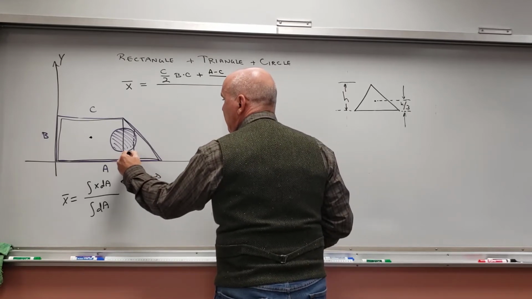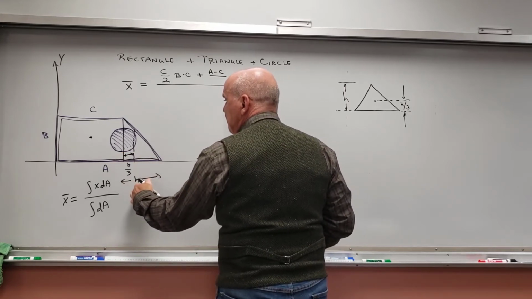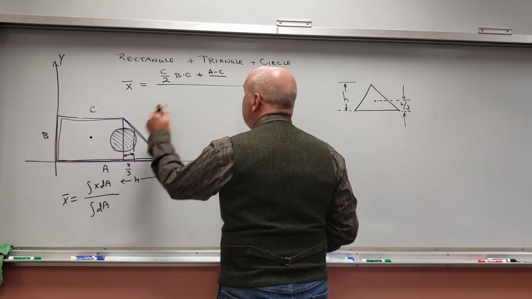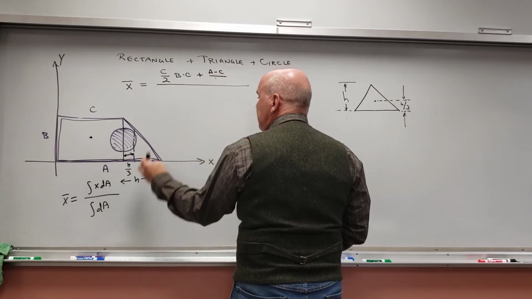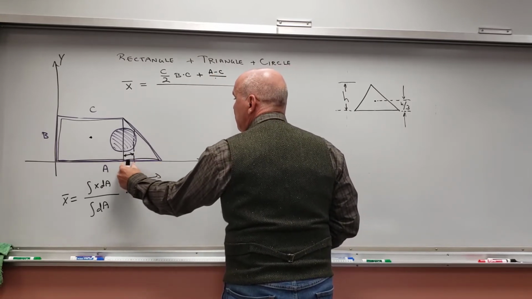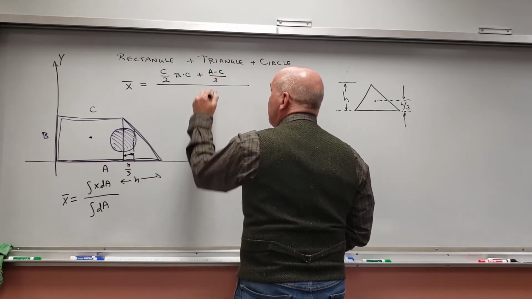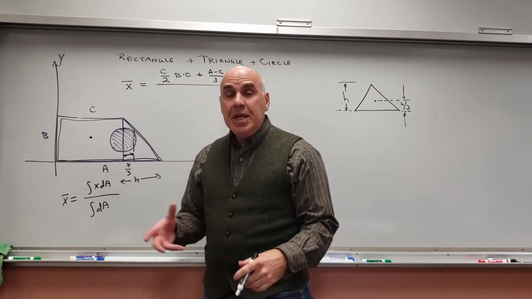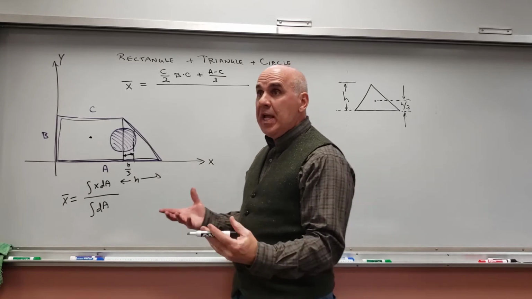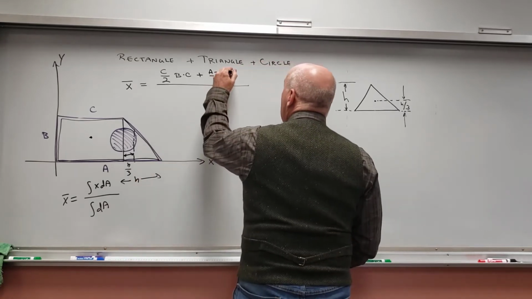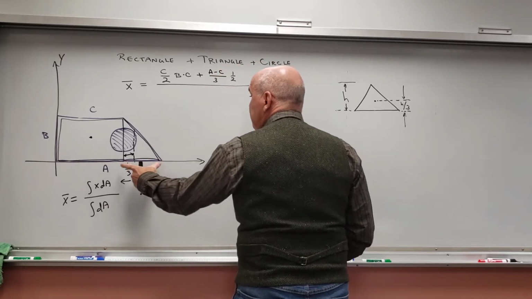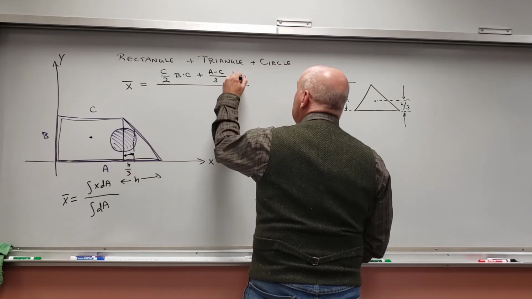So this distance right here, h is a minus c, so this is going to be a minus c over 3. And then I need the area of the triangle. That's 1/2 base, right? So 1/2. The base is a minus c.